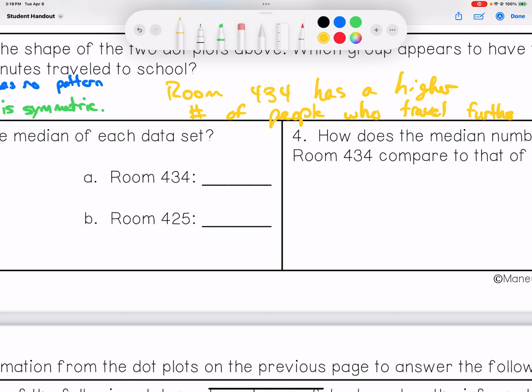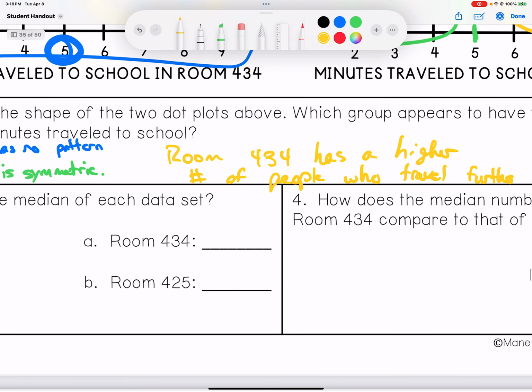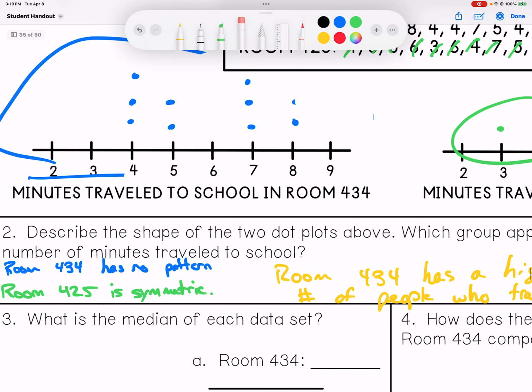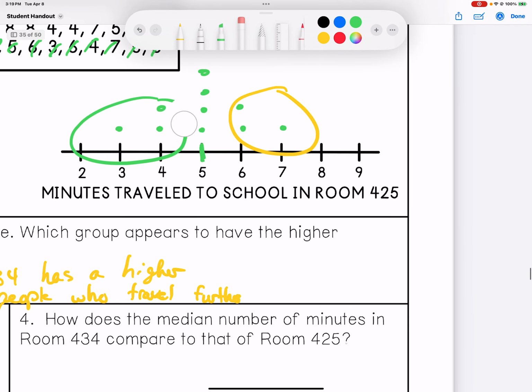All right, while you're finishing that, number 3 says, what is the median of each data set? To find the median, we have to arrange them. So when we go back up here to arrange them, I'm going to erase everything that's not a dot. I may erase the dots, but I'll put them back.